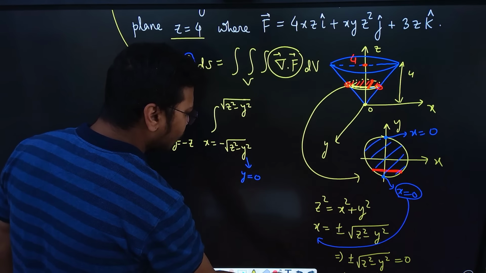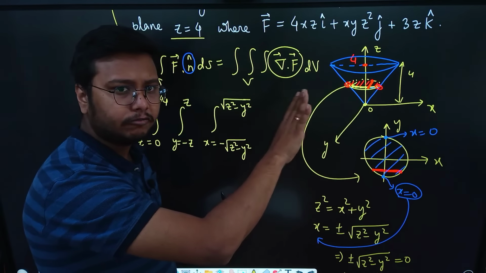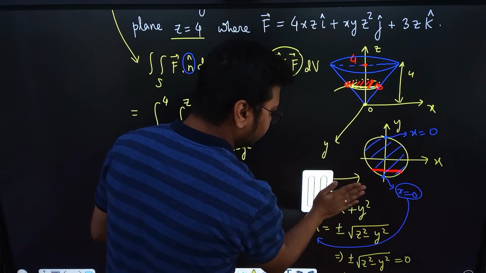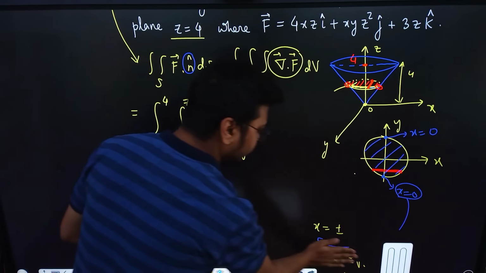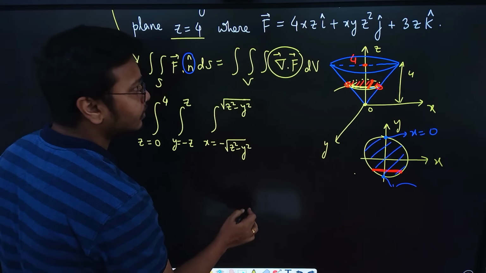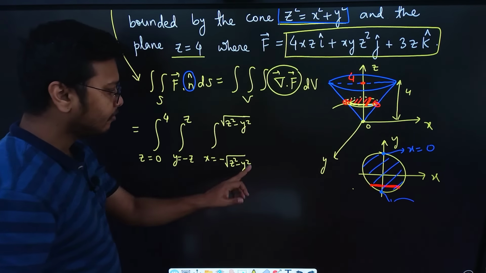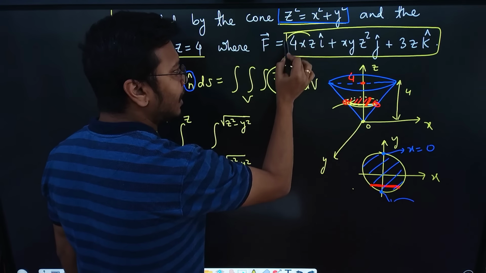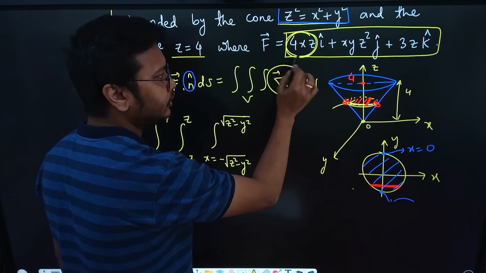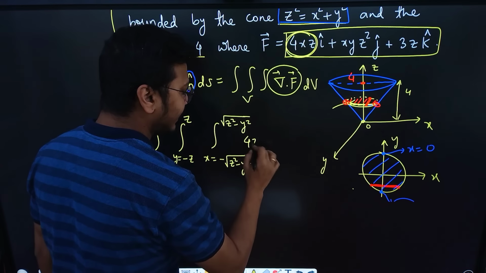Now coming to the divergence part. I'll just erase off these figures right over here, and these calculations won't be required anymore. Now coming to divergence of f, the f is given to me right over here. If I take divergence, that means I have to do the partial of the i cap coefficient with respect to x, partial of 4xz with respect to x, partial derivative will give me 4z.